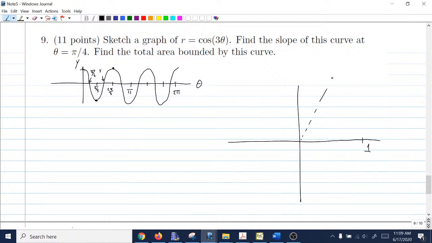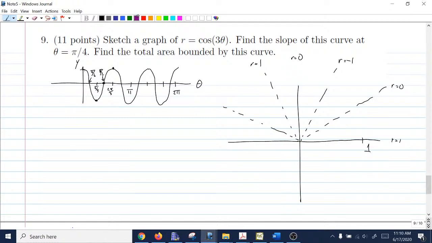Here's pi over 3, pi over 6, 2 pi over 3, 5 pi over 6. So between here and 2 pi over 3, we're going to go r equals 1, r equals 0, r equals negative 1, r equals 0 again, r equals 1 again out here. Have I done this right? Yeah, 2 pi over 3 is the place where it equals 1 again. So, okay, yeah, this is pi over 2. This is the fraction I was getting confused reducing in my head.